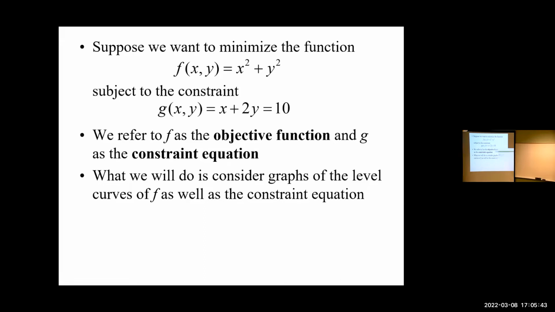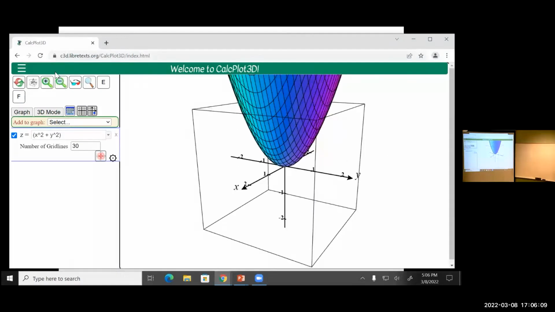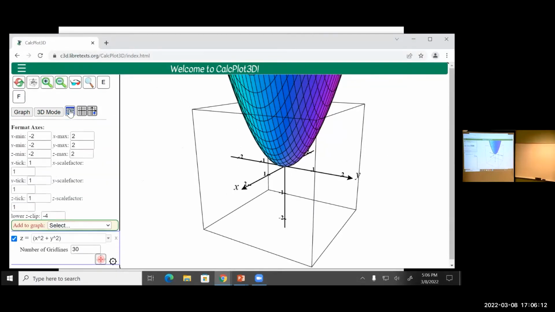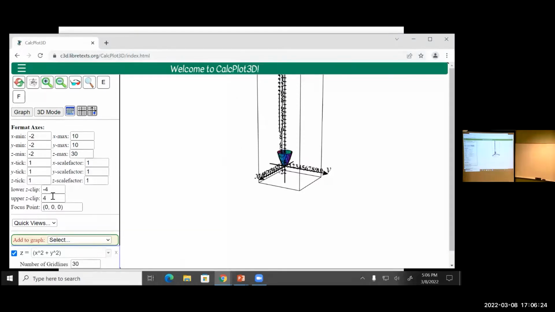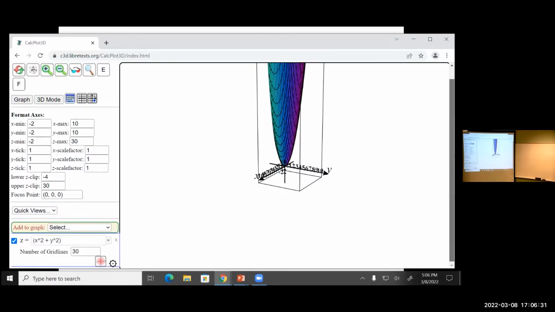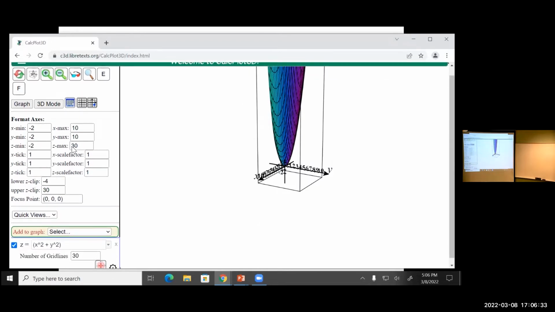So I'm going to do this in CalcPlot 3D. Okay, so there's our paraboloid. I'm going to need to adjust this in just a sec. We want to make sure that we can see everything. All right, so there is our paraboloid. Let's give it a little bit more square.